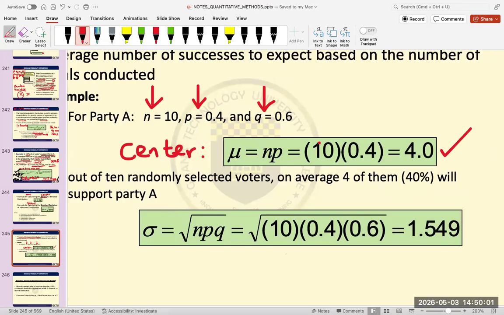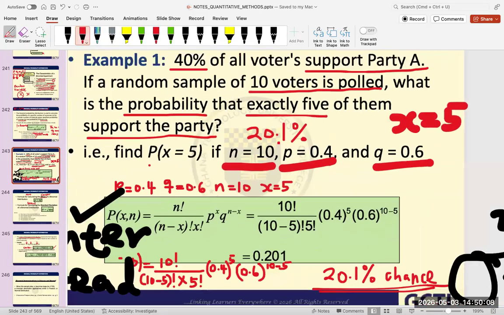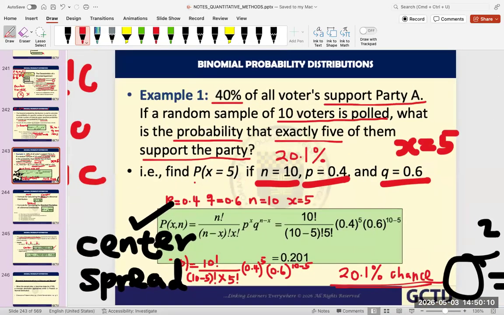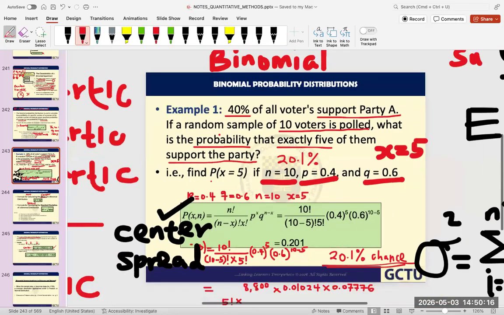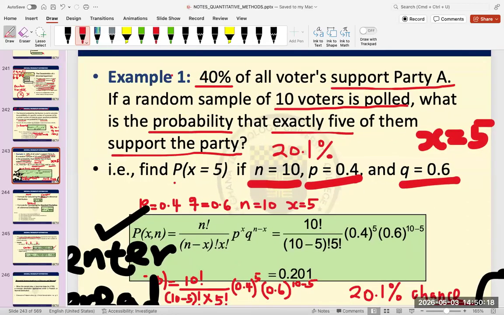So in a typical question, like you are seeing in this, you can be asked first of all to find the probability showing the shape as your A question. And then B, we can be asked to find the center, which is the mean.